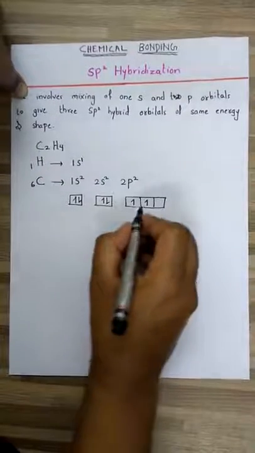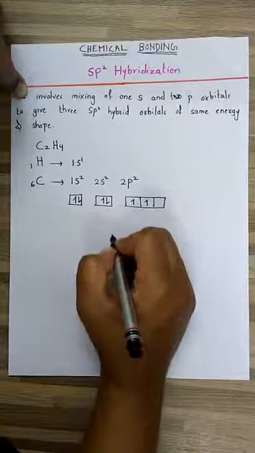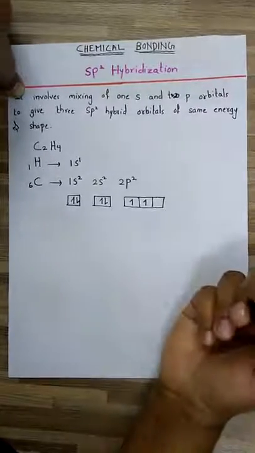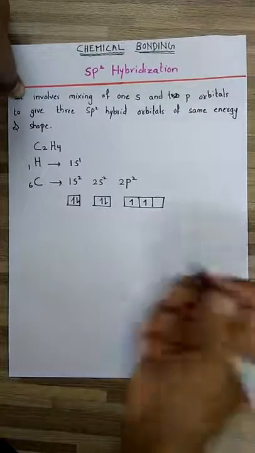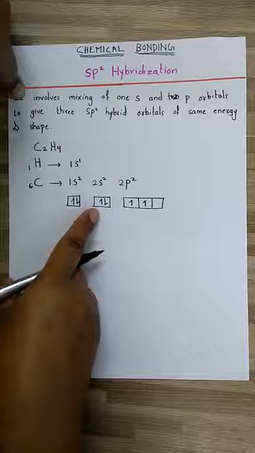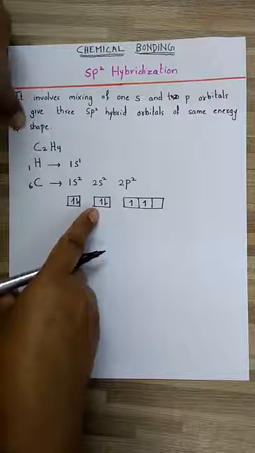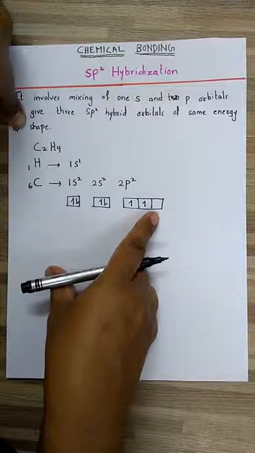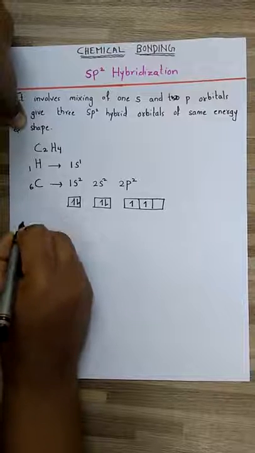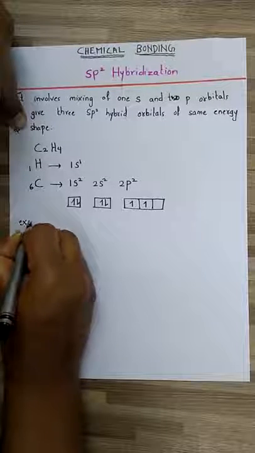Now to explain the tetravalency of carbon, that the valency of carbon is 4, we have studied that the carbon atom undergoes promotion. The electron from 2s orbital will be promoted to the empty 2pz orbital, and that stage will be known as excited state.